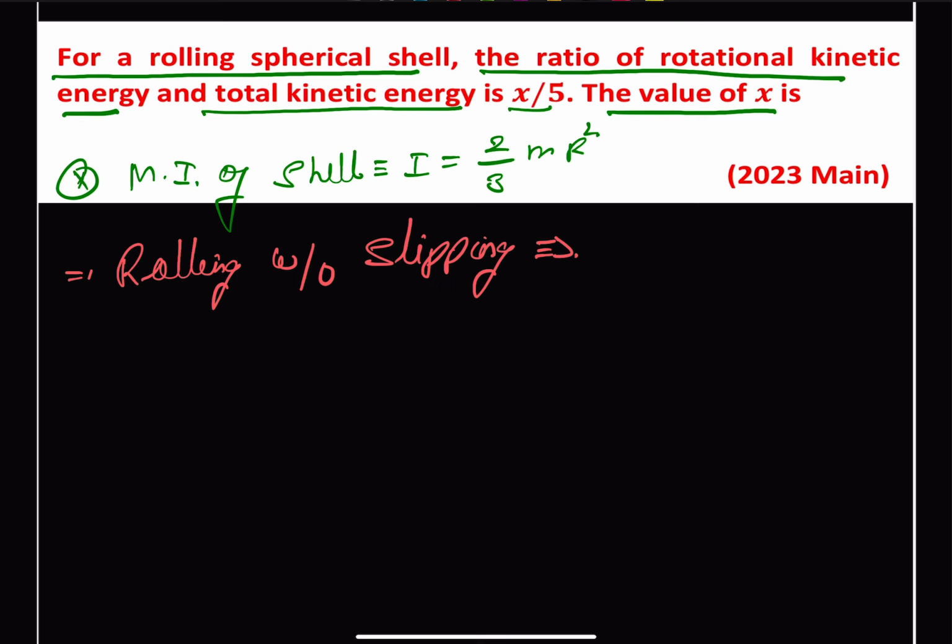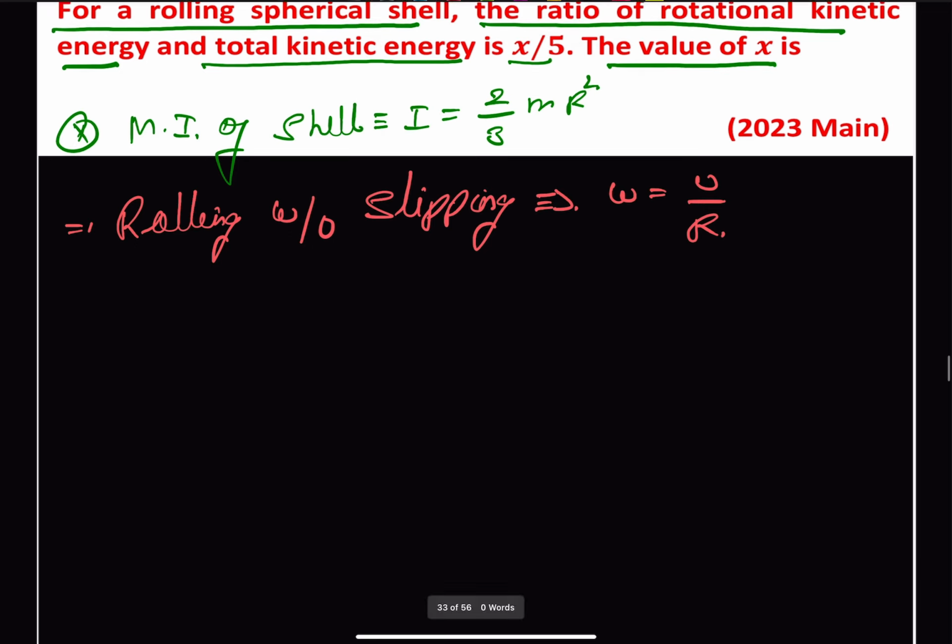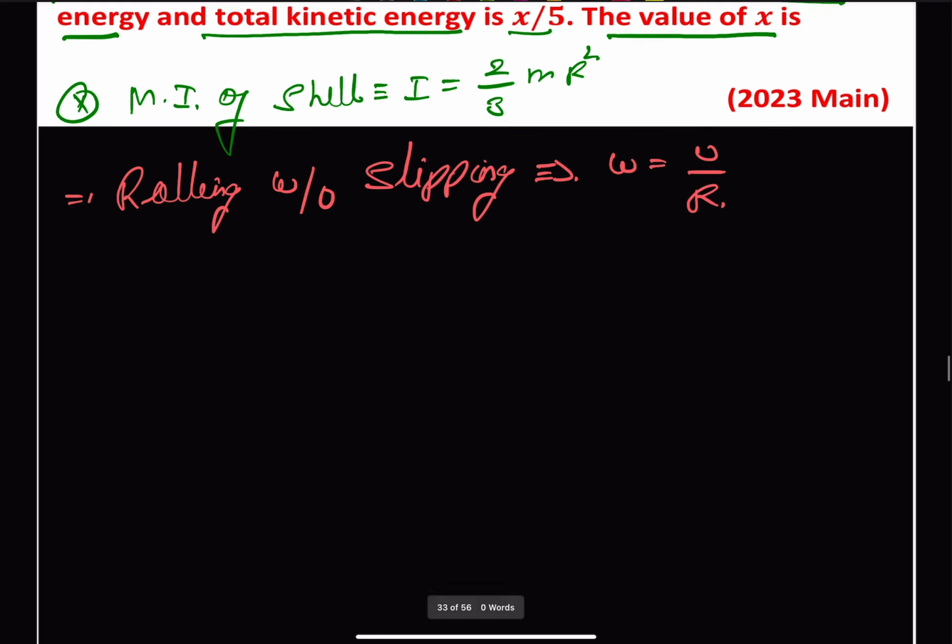Therefore we can say that our omega is equal to V upon R. So we can find out the rotational kinetic energy.